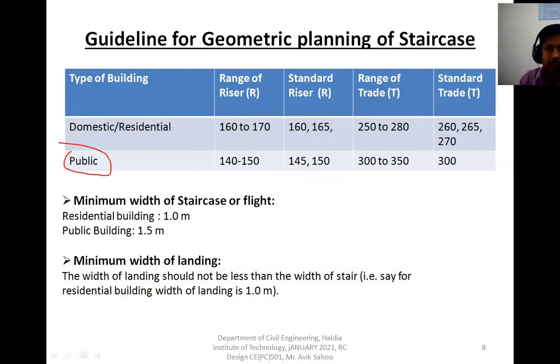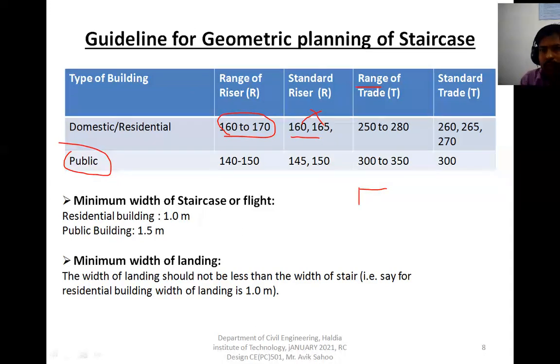Now the range of riser, the vertical step height, is 160 to 170. The standard riser is 160, generally we are using 160, 165. These two dimensions are very frequently used in residential building.